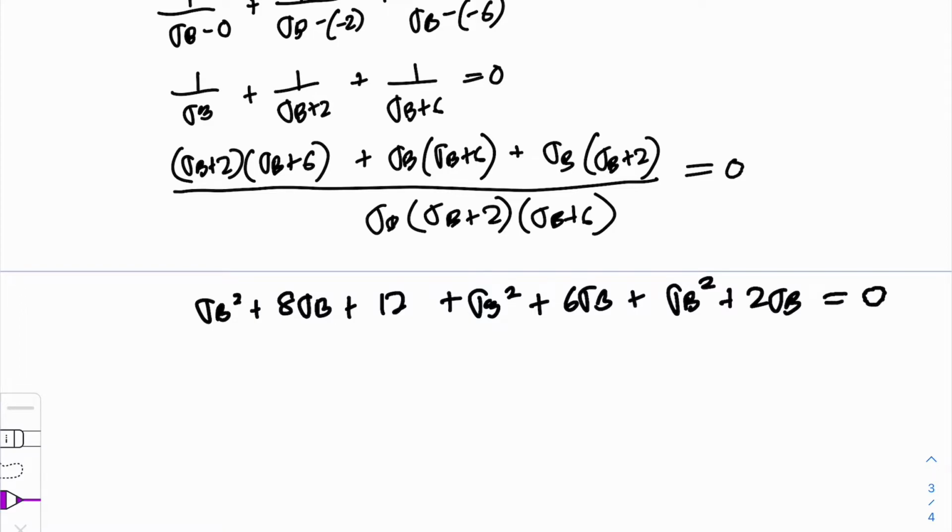So I just expand the equation. Then I need to collect all the values of sigma b squared. So I have 3 sigma b squared, and then 8 sigma b plus 6 sigma b plus 2, that will be 16 sigma b, and then plus 12. That equals 0.